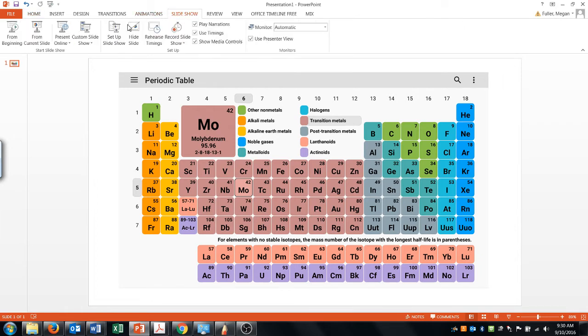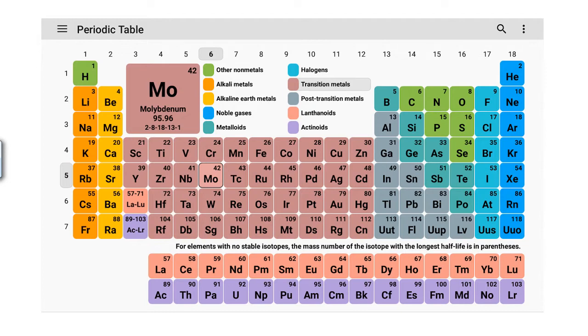Okay, so the way the charges work, this is mentioned in your textbook, but it bears mentioning now. The reason why main group ions are so much easier to deal with is because they have a fixed ionic charge. So these are going to give us a fixed ionic charge.